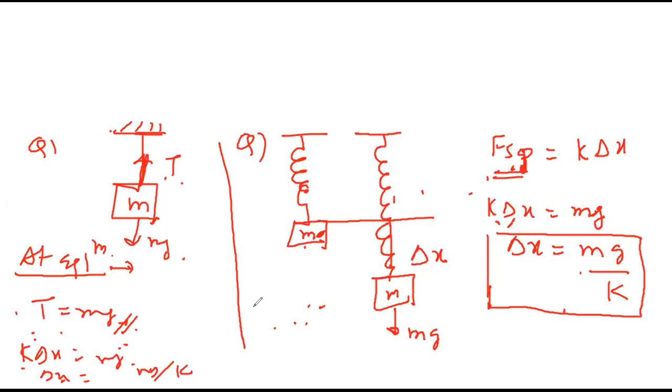That means when we treat the spring as a string, T should be written as K delta x. Done, sir. Let us do one sum on this.